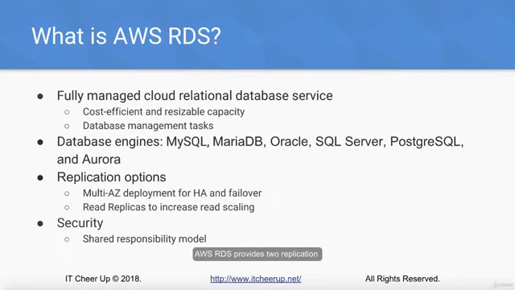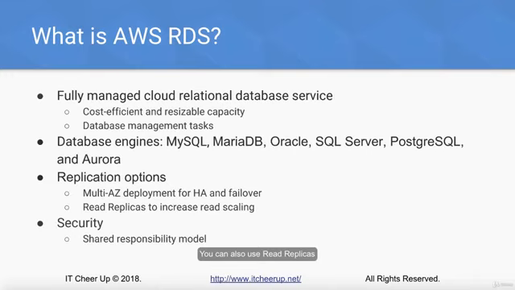AWS RDS provides two replication options to enhance database availability and improve data durability, all scaled beyond the capacity constraints of a single database instance for read-heavy database workloads. The multi-AZ deployment gives you high availability with a primary instance and a synchronous secondary instance that you can fail over to when problems occur.